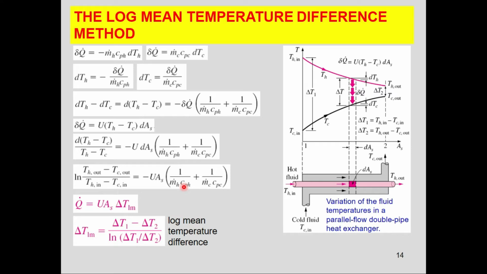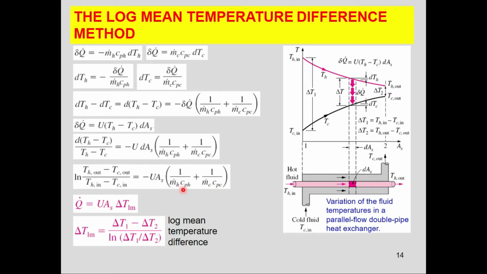So in this expression we have this m dot h, the mass flow rate for the hot fluid, and the specific heat for the hot fluid, and the mass flow rate for the cold fluid, and the specific heat for the cold fluid. The product of these two quantities is known as the heat capacity rate for the cold fluid, and the heat capacity rate for the hot fluid.